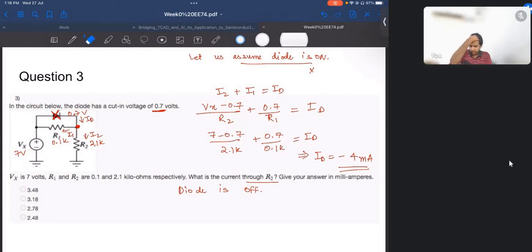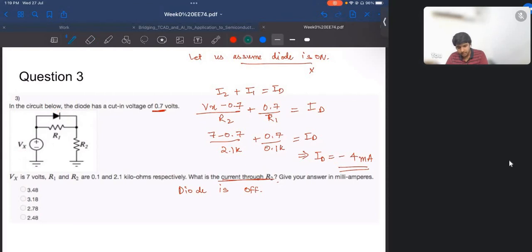So we need to calculate the current through R2. For the current through R2, this is the simple path, and the diode path is off.